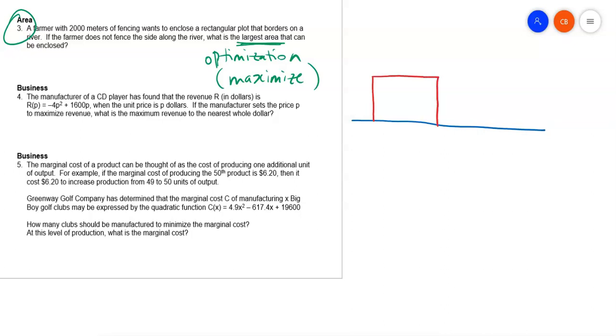Now, since it's a rectangle, we know that these two sides need to be the same length, so we could give those a mark from geometry, and then these two sides over here need to be the same length, so we could give a mark like that.